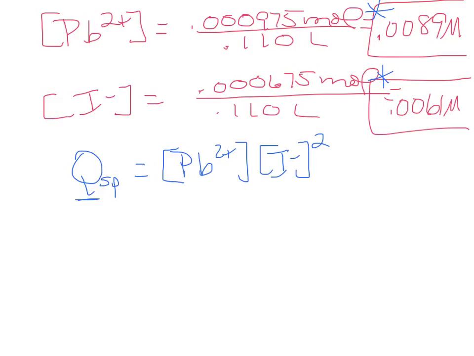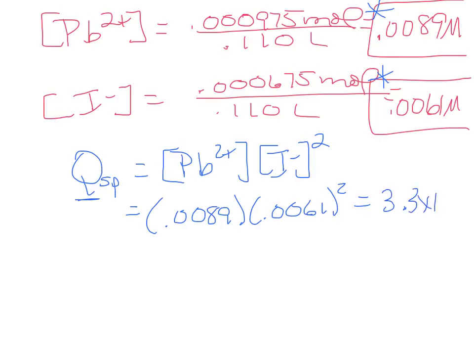Plugging in those values would be 0.0089 times 0.0061 squared. And that would give me a total Qsp value of 3.3 times 10 to the minus 7.